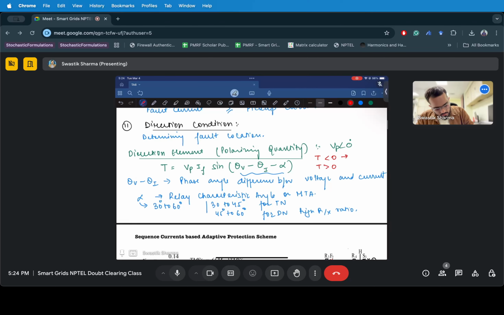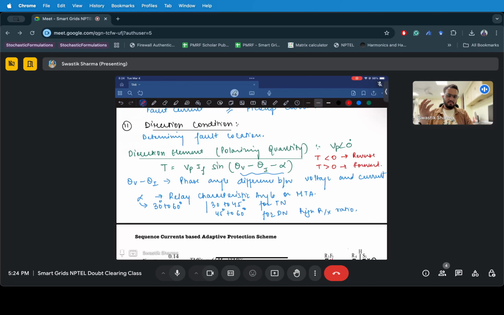Now you'll come and say, there's this one thing that irks me the most with respect to this torque condition: I call alpha the maximum torque angle, MTA, but at alpha equal to theta V minus theta I, which is supposed to be the maximum torque angle, sine would become 0, right? Generally, there is an internal phase shift inside the relay that is specified by the manufacturer.